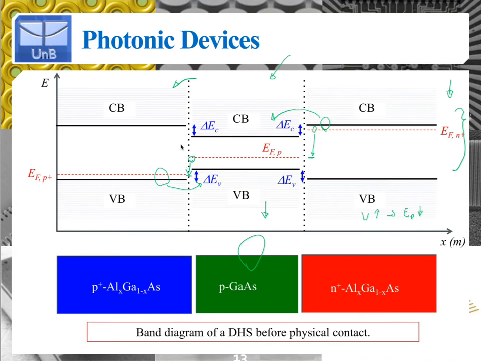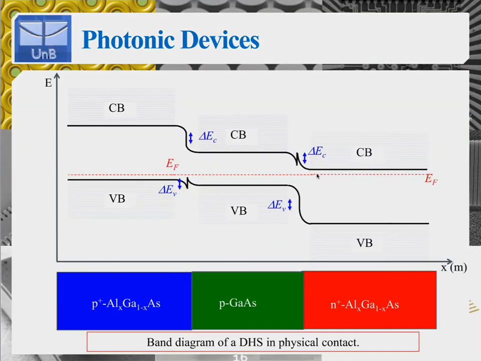Okay, does this make sense? The Fermi levels will align. The whole band diagram of the n-type material, which is at a higher electrostatic potential and therefore lower potential energy, will move down with respect to the band diagram of the center material right here. The same thing will happen to the center material here, because holes have moved here.